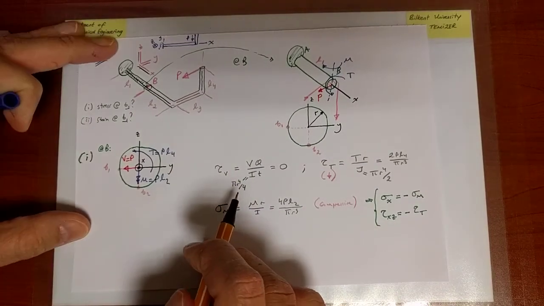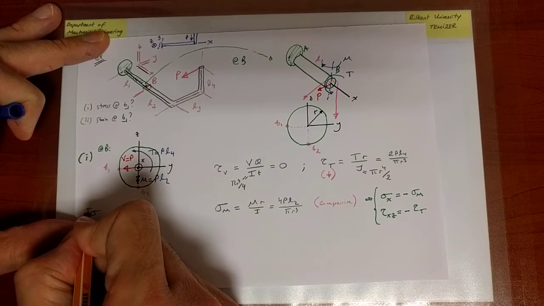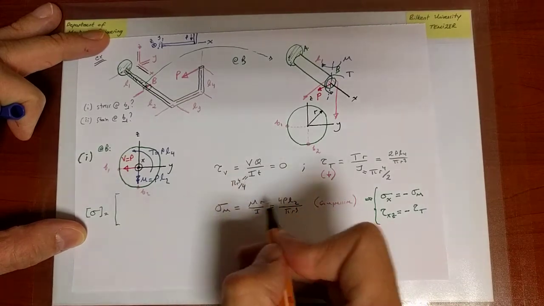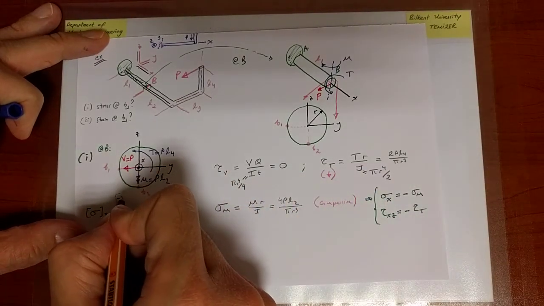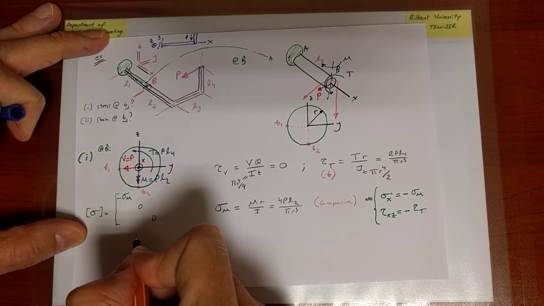With these, we can also write the expression for the stress matrix. Sigma x is here, so it's going to be minus sigma m. There is no normal stress for sigma y or z.